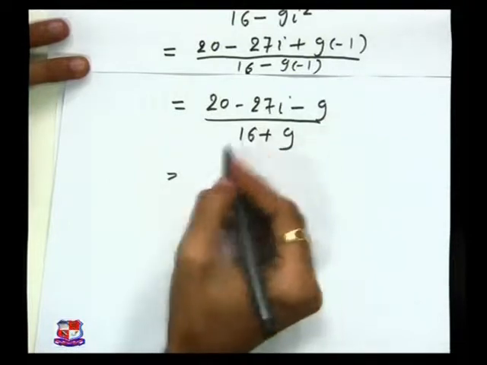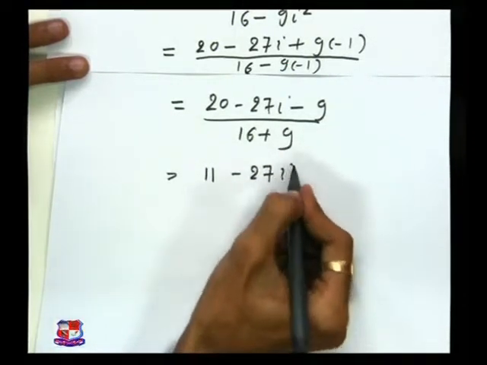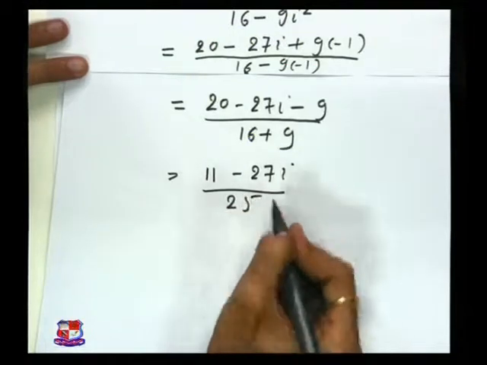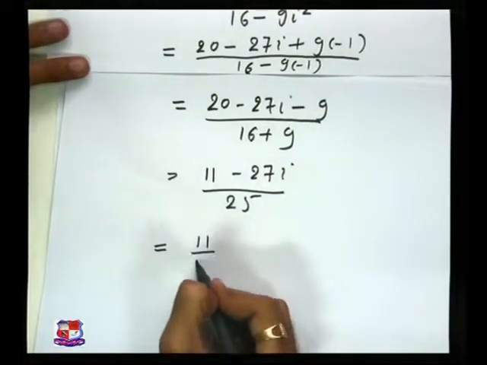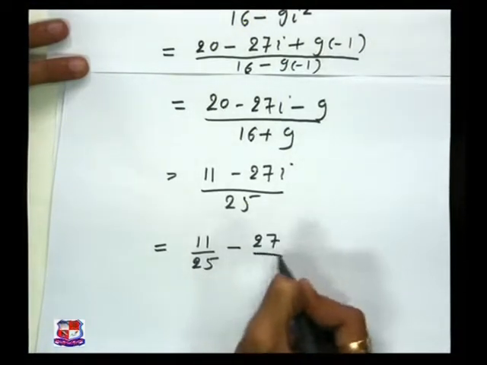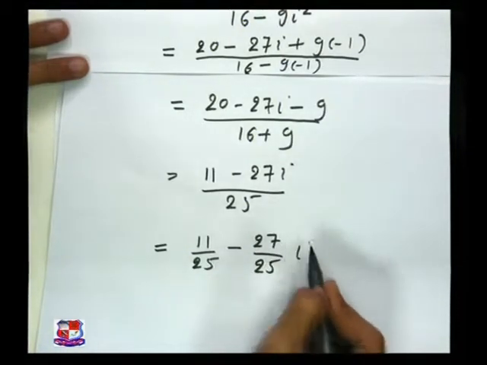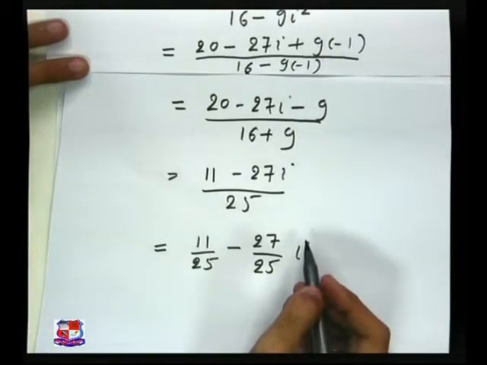So 20 minus 9 is 11, minus 27i upon 25, and in the end I will get 11 upon 25 minus 27 upon 25 into i, which is the inverse of our given z.